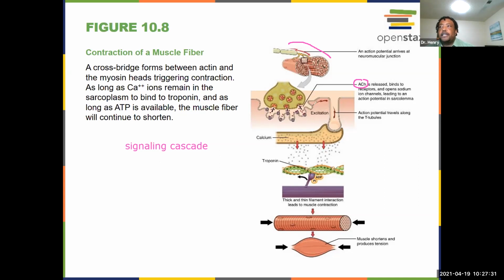Sodium channel is going to cause depolarization of the membrane, which sends a signal down to allow calcium in so that we get calcium to start binding to the actin, myosin, and actually it binds directly to troponin.